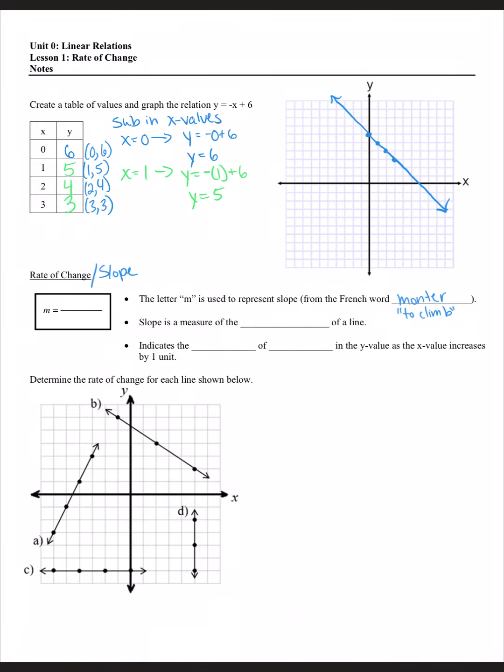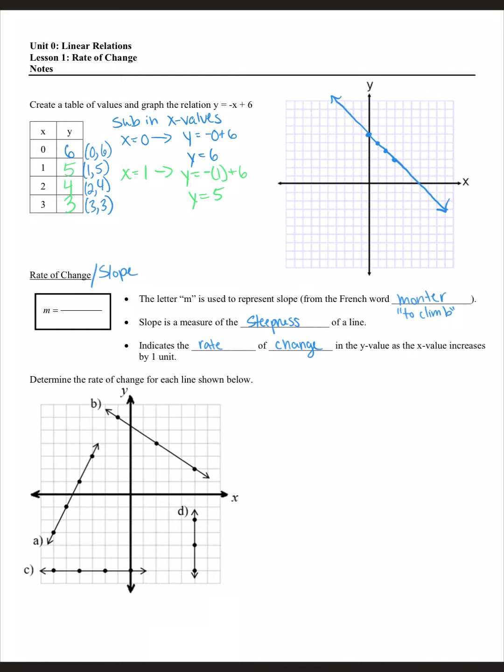Slope is simply a measure of the steepness of a line. It indicates the rate of change in the y values as our x values increase.